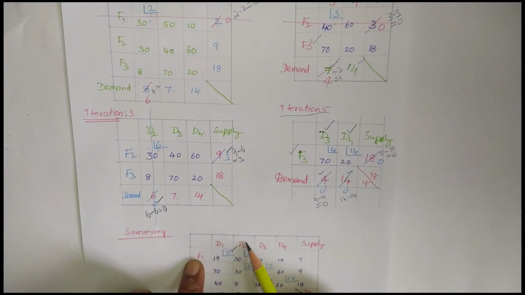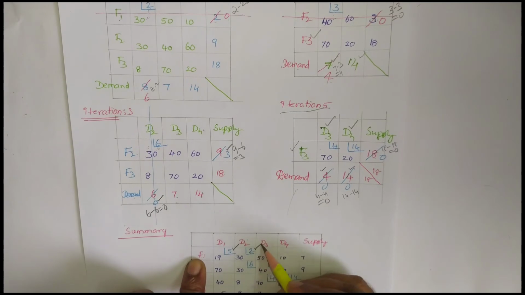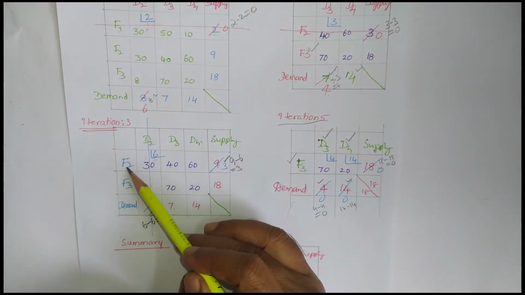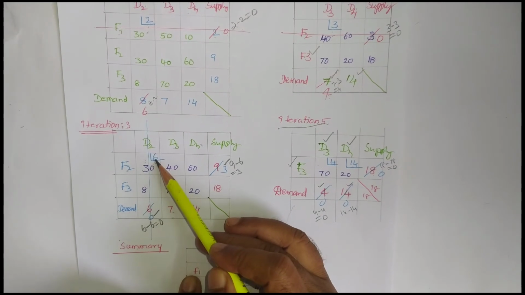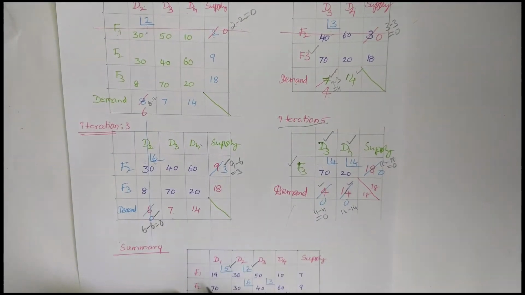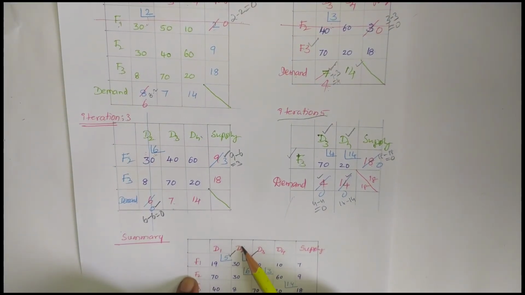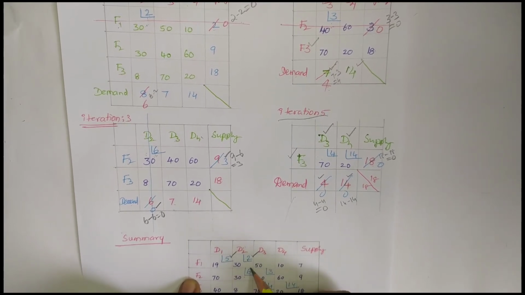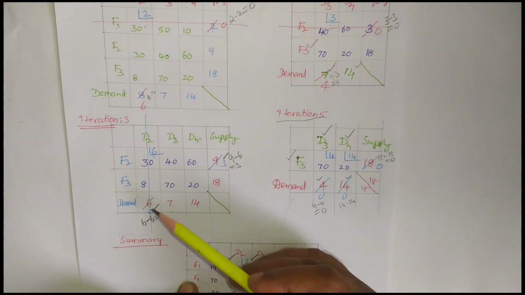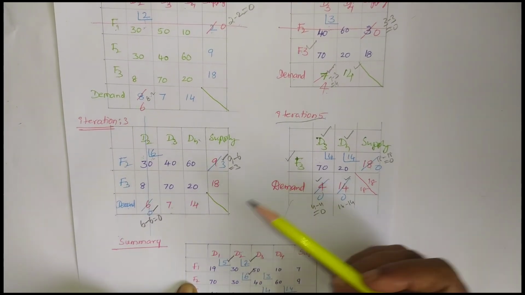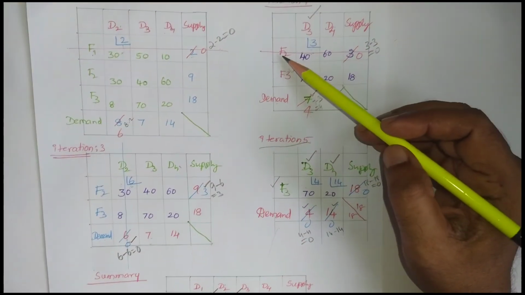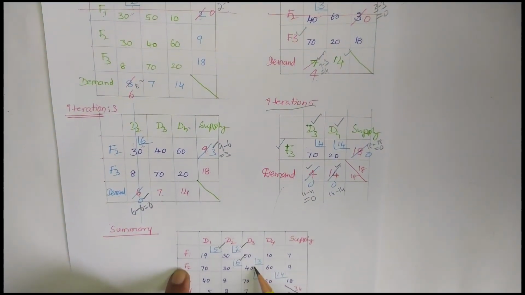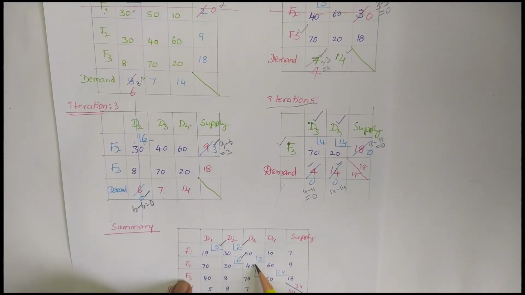Iteration 3, at F2 D2, 6 units are allocated. Next, iteration 4, at F2 D3, 3 units are allocated.